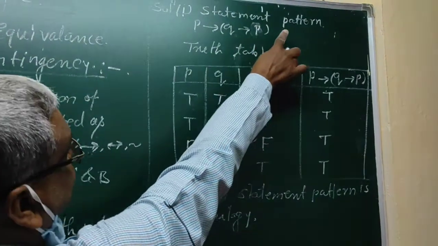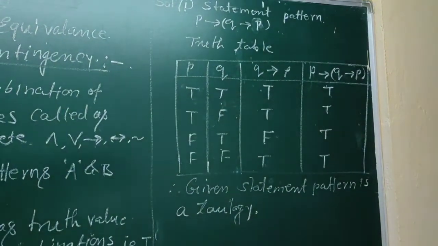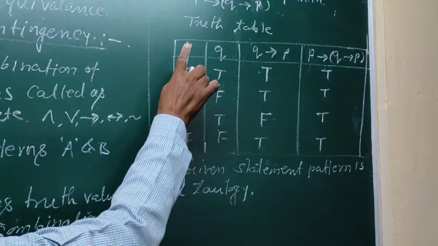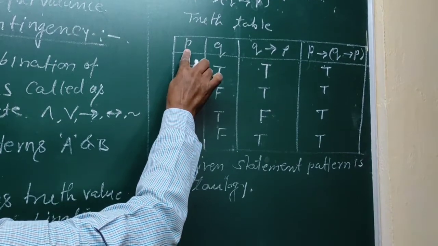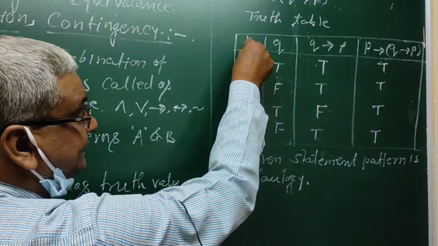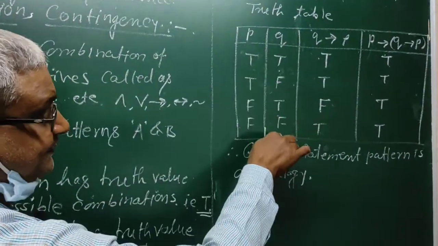The given statement pattern is P implies (Q implies P), and we construct the truth table for it. Always we take the preliminary statements, or we can say the parent statements P and Q, in the first two columns.